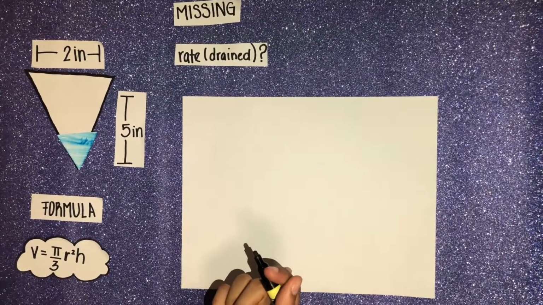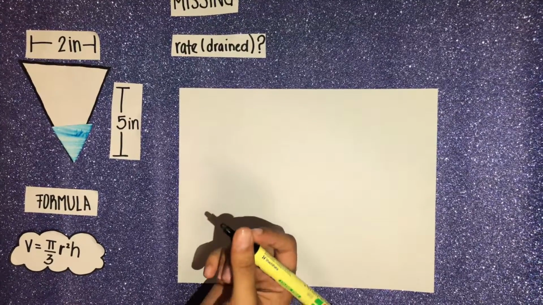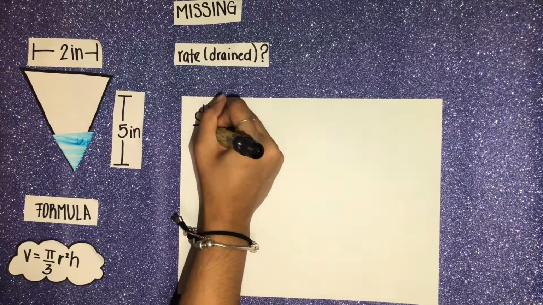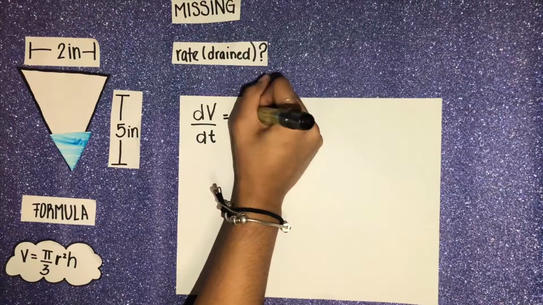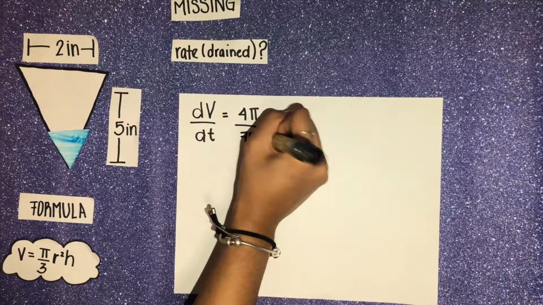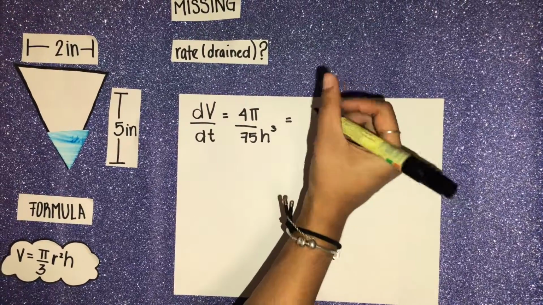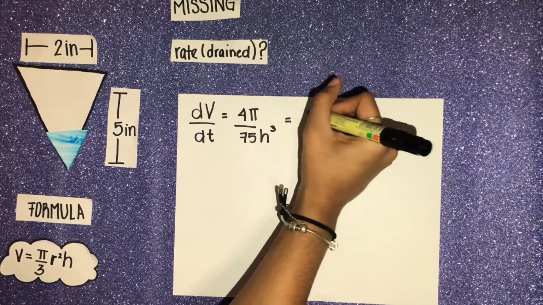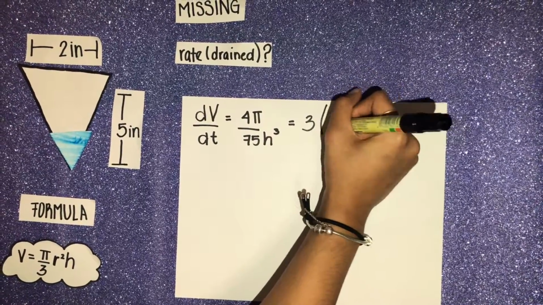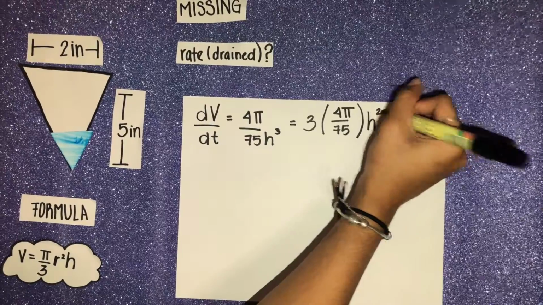Now that we have the height isolated and we want to find the rate of water drained, we differentiate with respect to time. That would be dV/dt equal to the derivative of 4 pi over 75 h cubed. And now we use the chain rule. That will be the derivative of height times 4 pi over 75 times 3 h squared.